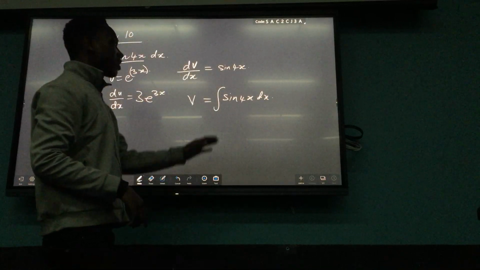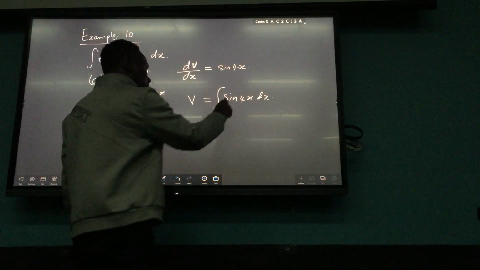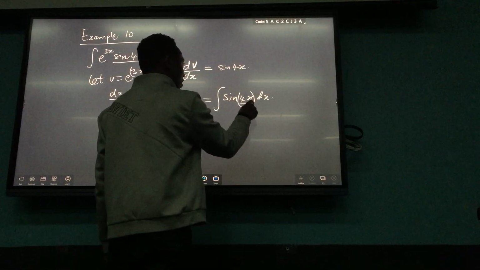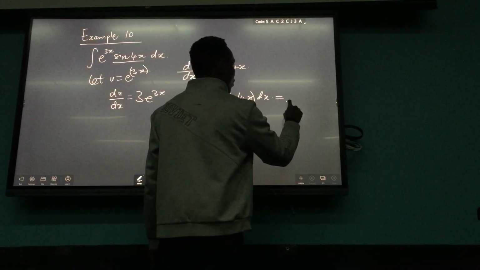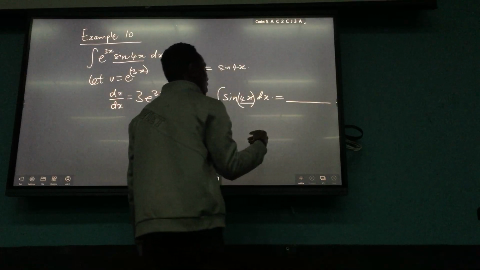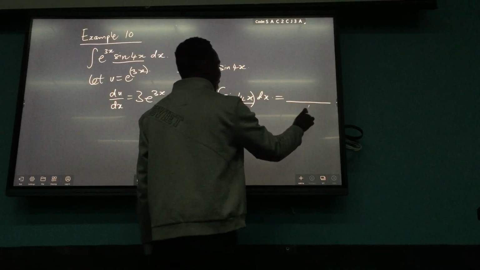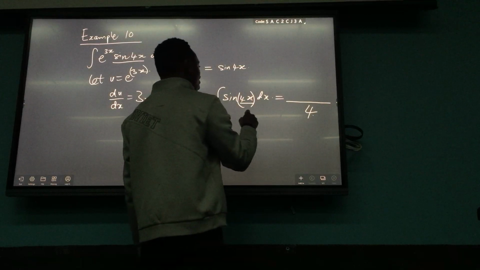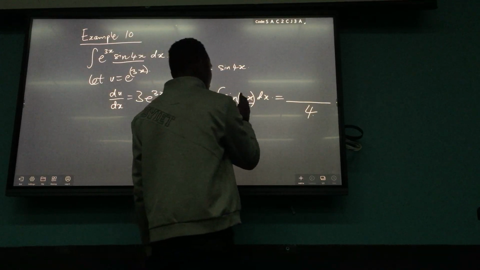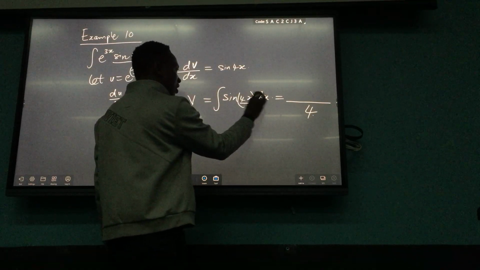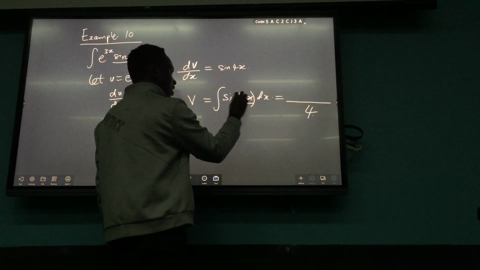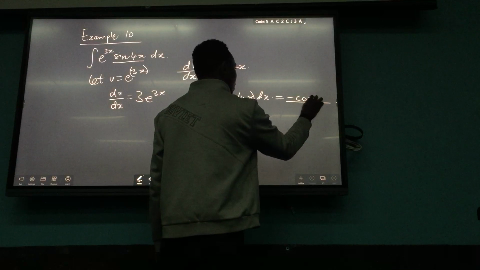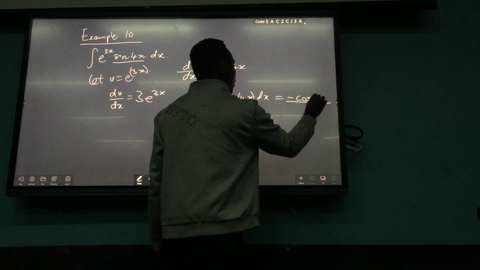If you want to integrate sine 4x with respect to x, you are going to derive the inside function. You get 4. But instead of multiplying that 4, which is what we did in differentiation, you will divide with it. So you divide with the 4, then you integrate. So I said you derive the inside function, divide by the derivative, integrate the outside function, you get minus cos of what?